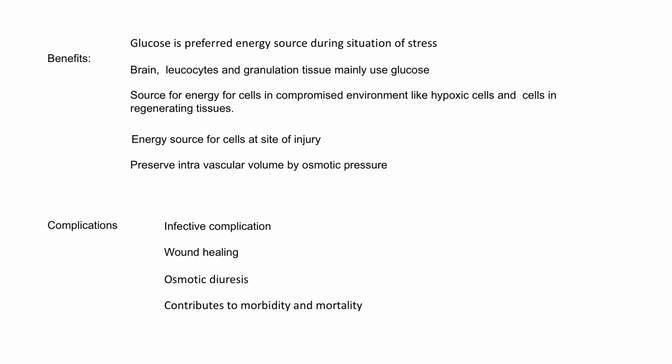In addition, glucose can also be used by hypoxic cells and regenerating cells even if there is impairment of blood flow. In this situation, glucose diffuses from extracellular space to cells. So high blood glucose levels help in this diffusion process. Glucose can also help to maintain intravascular volume due to osmotic pressure. For these reasons, relatively high blood glucose levels are maintained during response to stress.